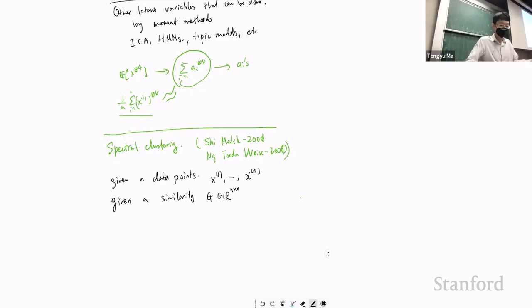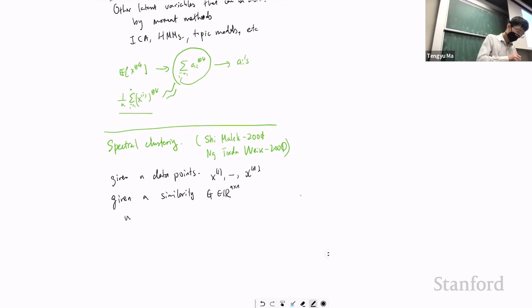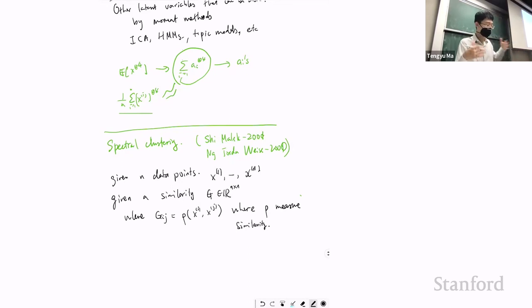In some cases, we do have this similarity matrix G, where each entry captures a similarity between two data points, xi and xj. You can interpret this as similarity, or generally some matrix that captures some relationship between data points.